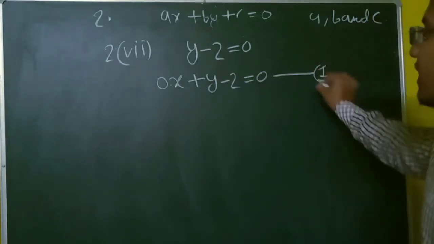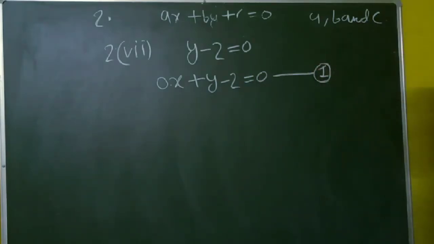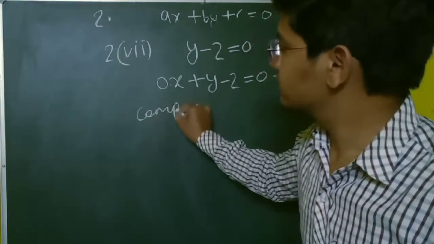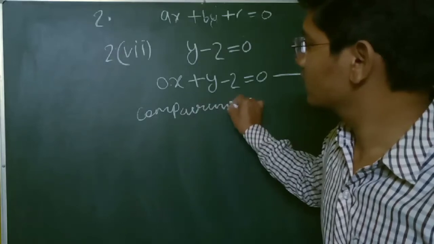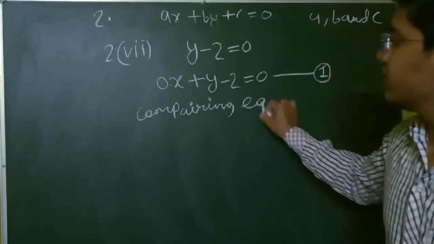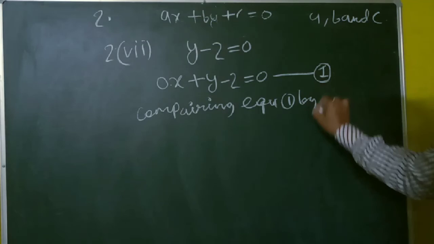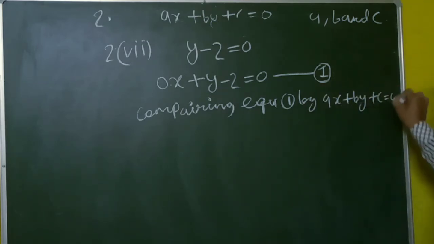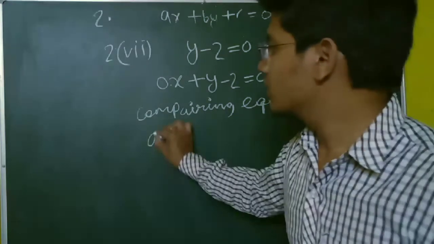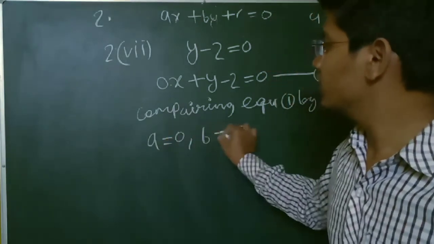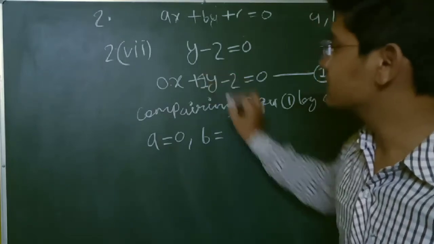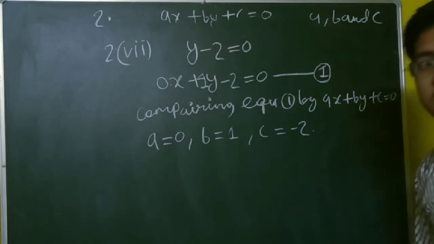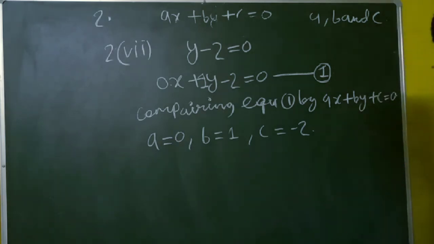We can write it like this. So comparing equation first with ax plus by plus c equals 0, the value of a will be 0, the value of b will be 1, since 1 is there, and the value of c will be minus 2. So these are the values of a, b and c.